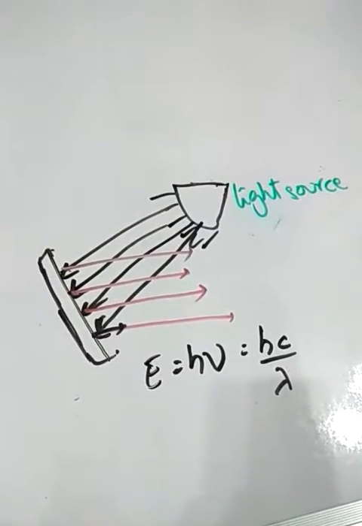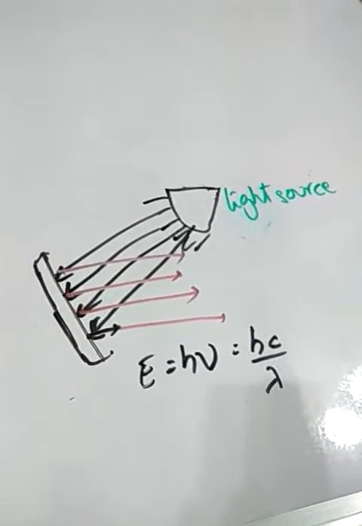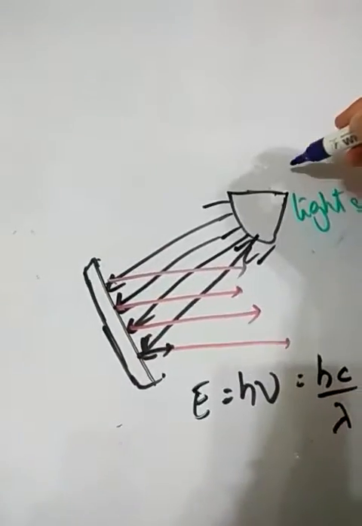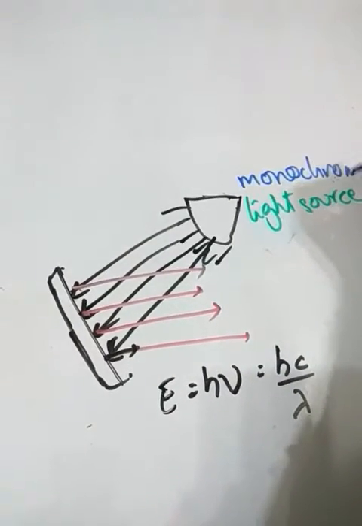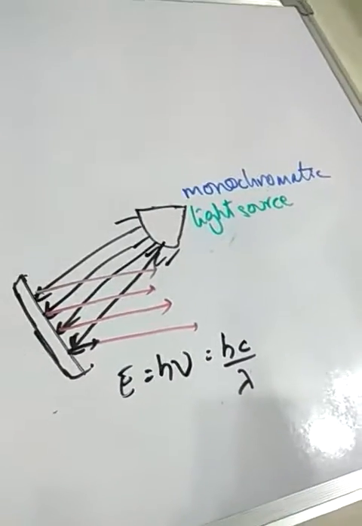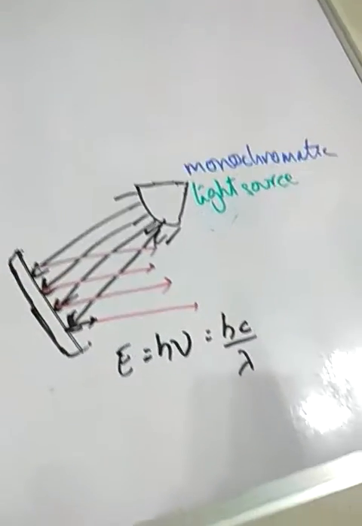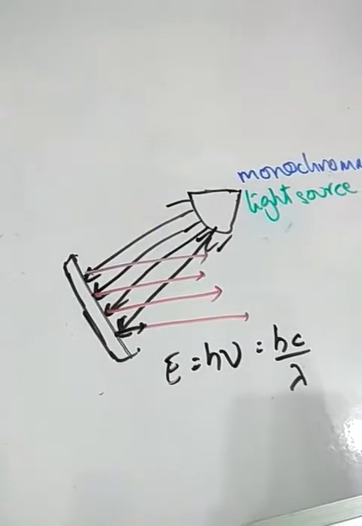This is not only a light source, it is a monochromatic, single color, monochromatic light source. That's the only thing which I want to make clear about this picture before we start.